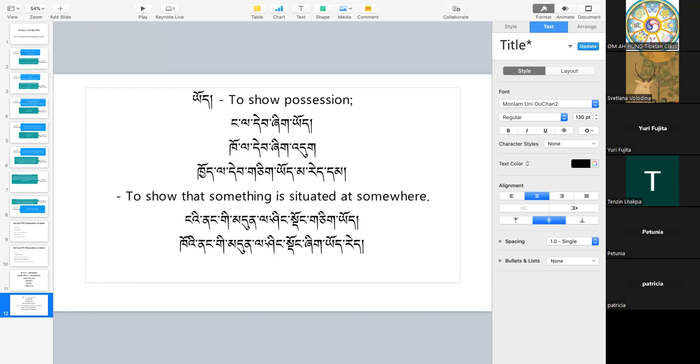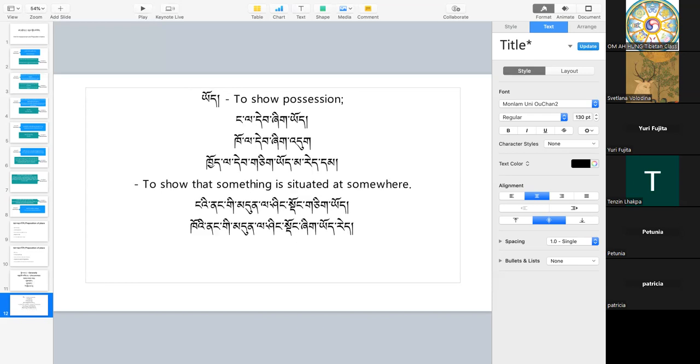We can also use it like this. Interesting, isn't it? Now we understand that there are two ways to write this same sentence, one with the usage of re, and one with the usage of tuk.